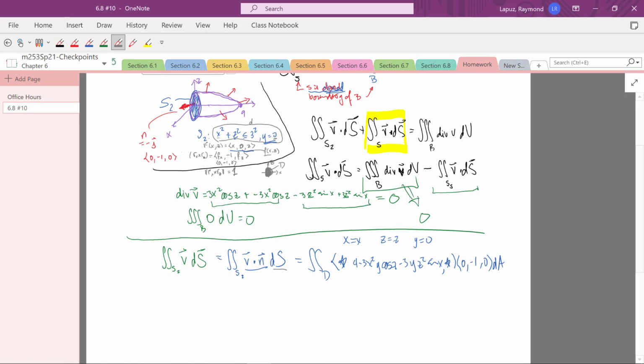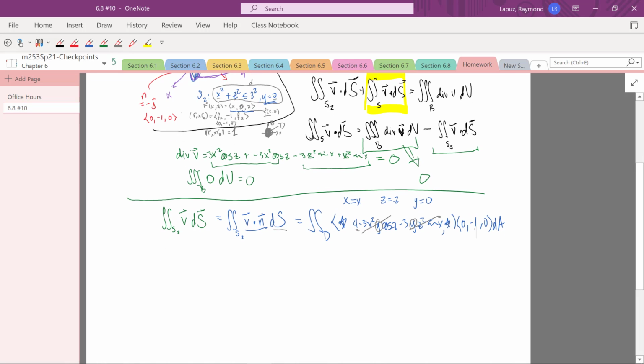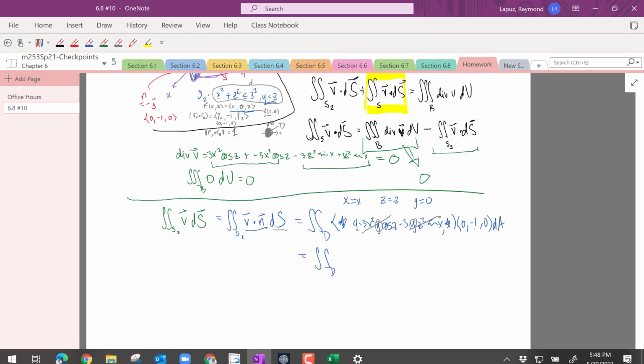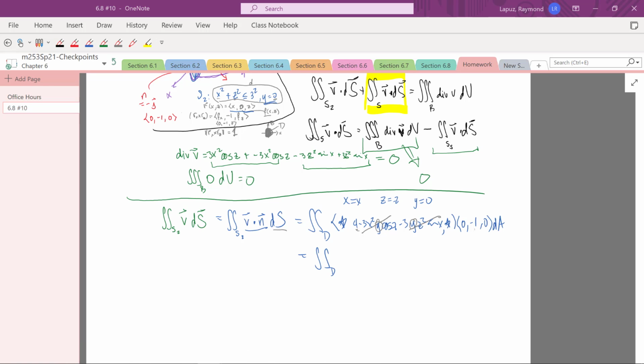So if y is equal to 0, we have a couple of places where the y's exist, and those are going to disappear. So we really just have 4 times -1. And so when we take the dot product here, this will be the double integral of 0 times plus 4 times -1 plus 0 again, and then dA.